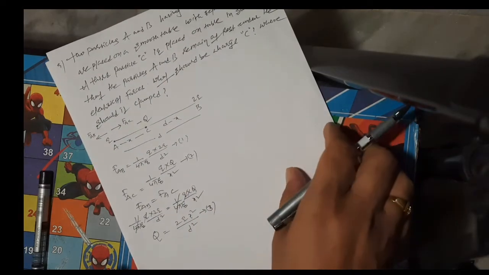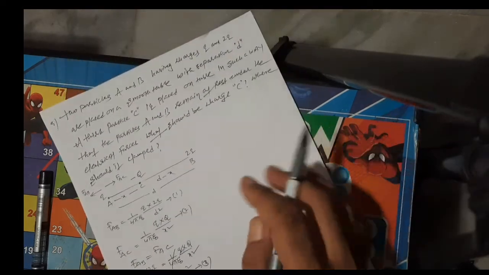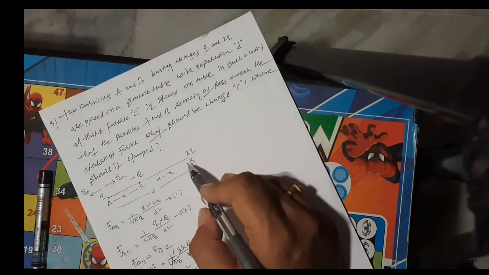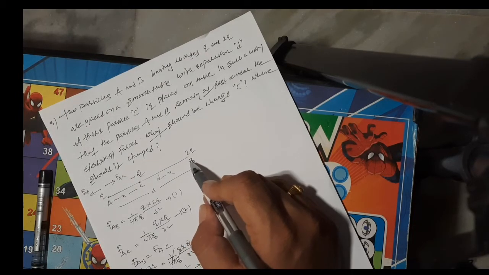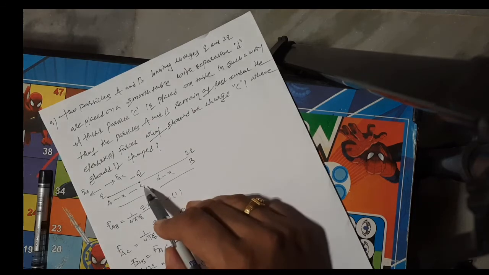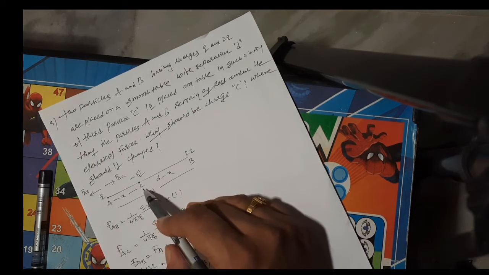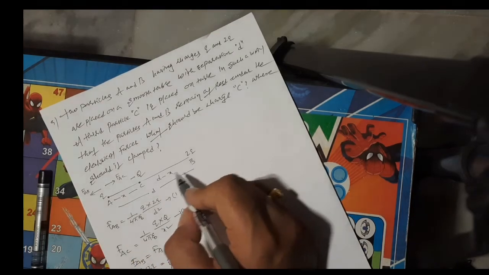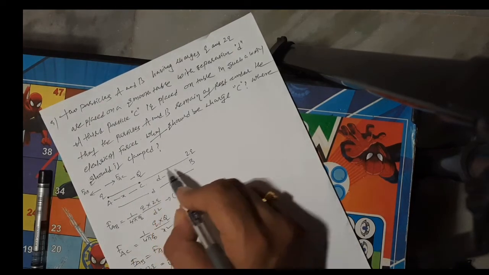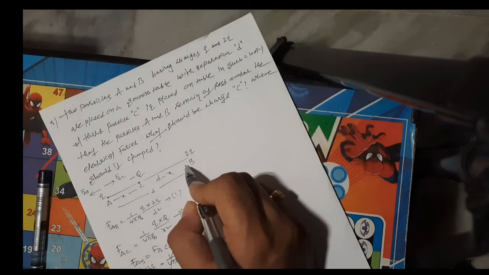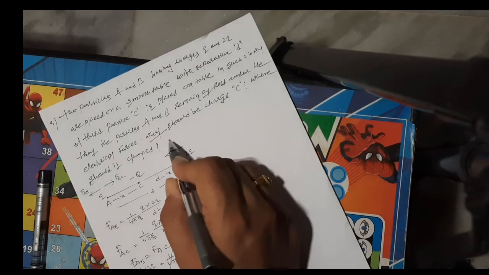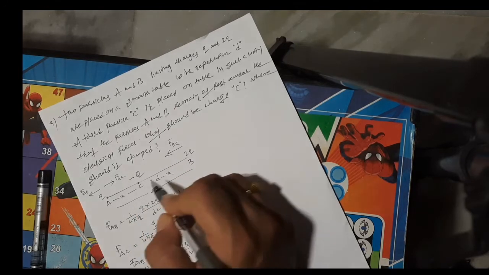Now let us discuss the equilibrium of B. There are two forces acting on B, due to the charge at C and due to the charge at A. Due to this charge, there is an attraction force acting on B, FBC, along this direction.